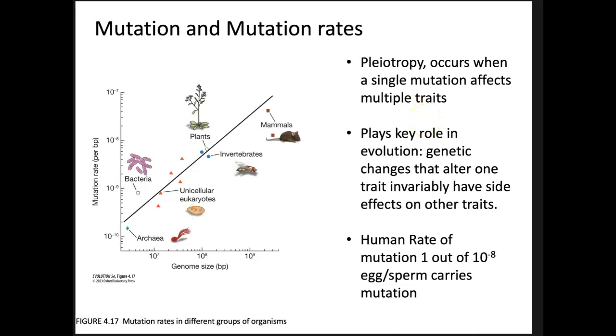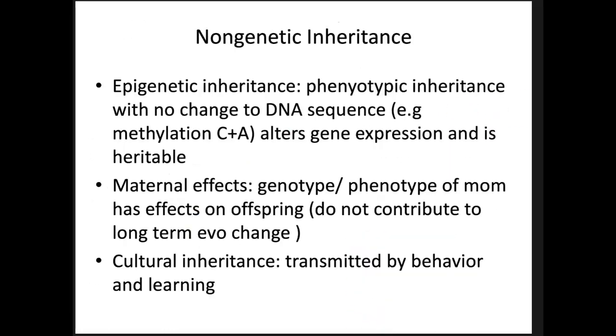Examples of pleiotropic conditions are things like achondroplastic dwarfism or albinism, where a single mutation can have a variety of different effects on different organ systems and affect a whole bunch of different traits. So that's an example of pleiotropy. This is not something that I'm going to talk too much about. I just wanted to put this up here for you to review yourself.